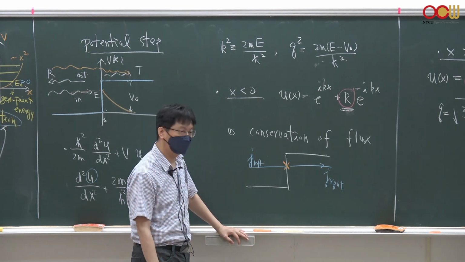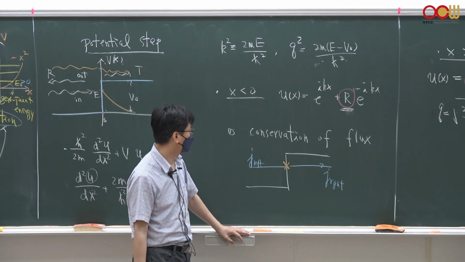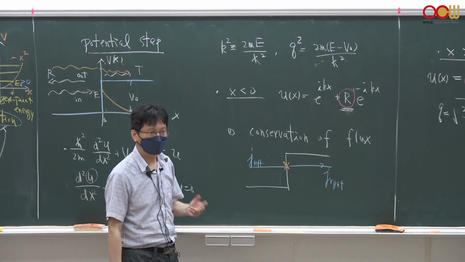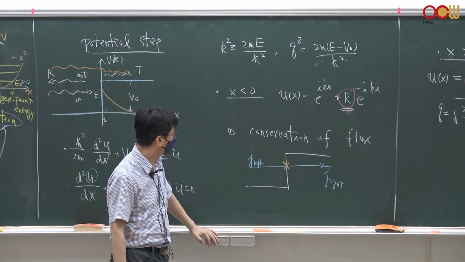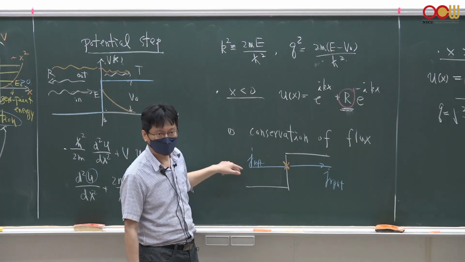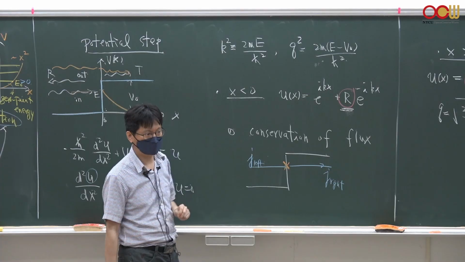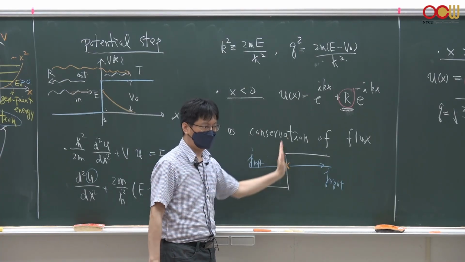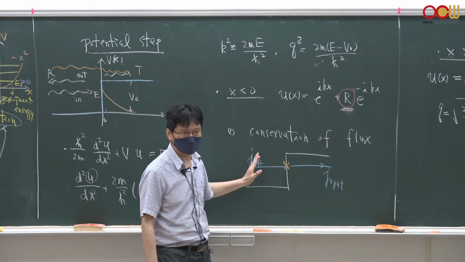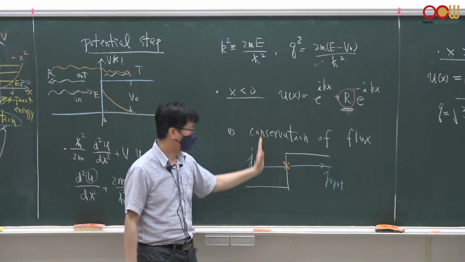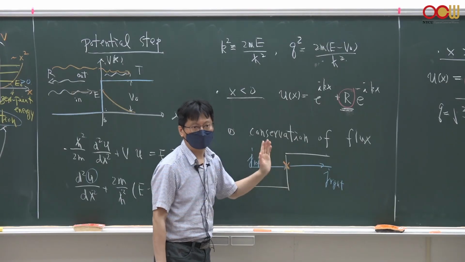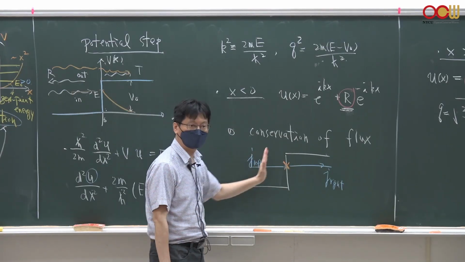This is precisely the condition we mentioned last time: although this free particle wave function is a plane wave, which is not square integrable, we can still follow the particle by calculating the flux passing through any cross-section area, so that we could count how many particles pass through this particular area, and we should make sure that this particle flux is conserved everywhere.